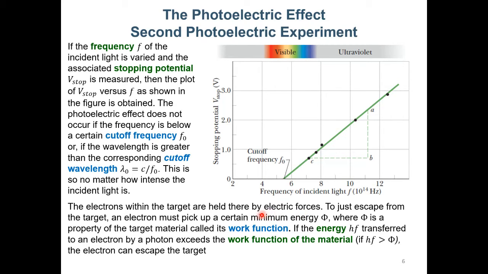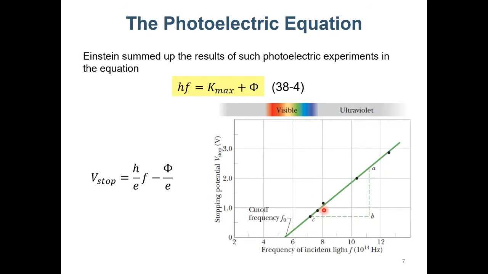Here, the corresponding energy that needs to be overcome is called the work function, big phi, and we find that it satisfies this formula. So hf is the energy of the incident light, and the work function is the minimum work that needs to be done so that the electron can go from the target to the collector.